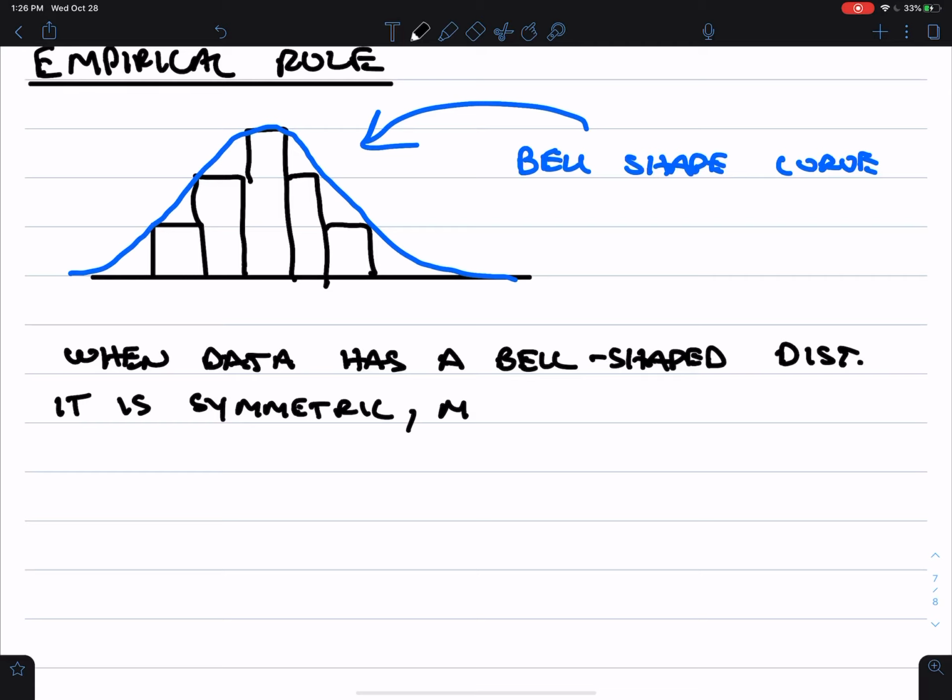So that would mean that the mean is the same as the mode, is the same as the median.